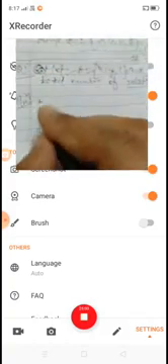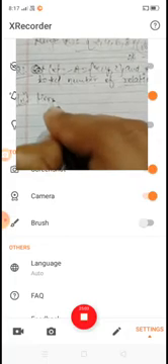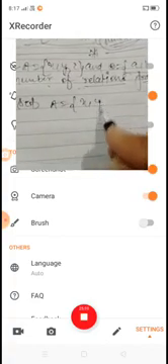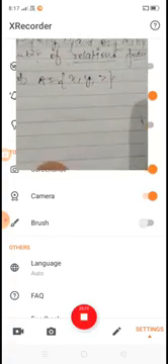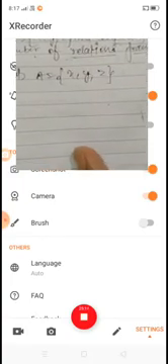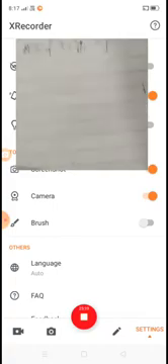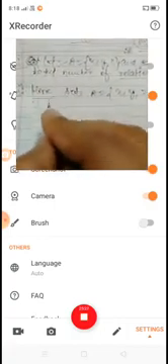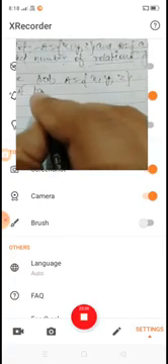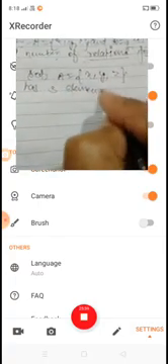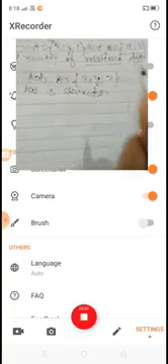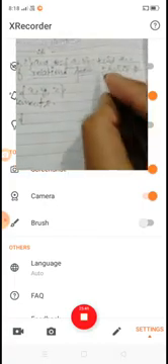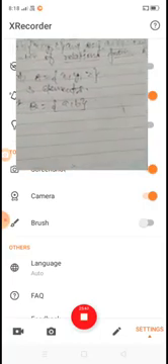Okay, let's solve it. First of all, here set A is equal to {x, y, z}, and we observe that A has three elements. Now we write set B as {a, b}.